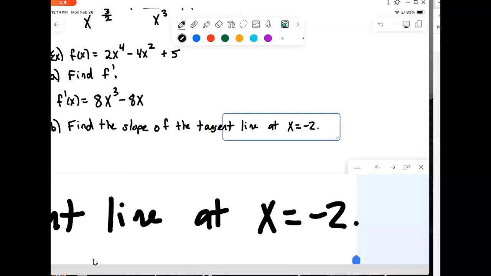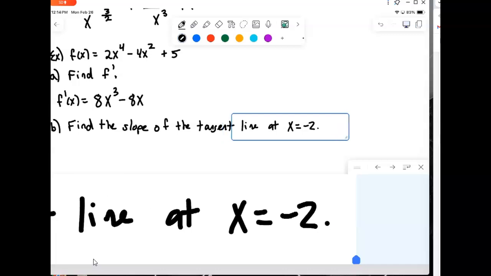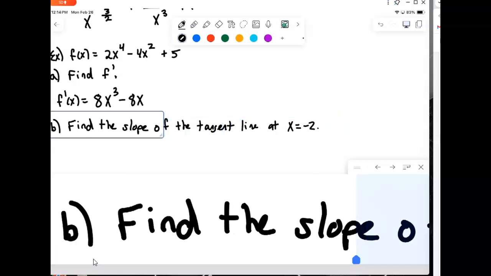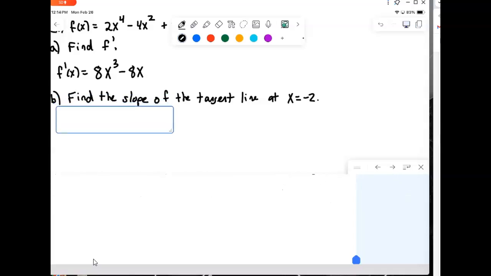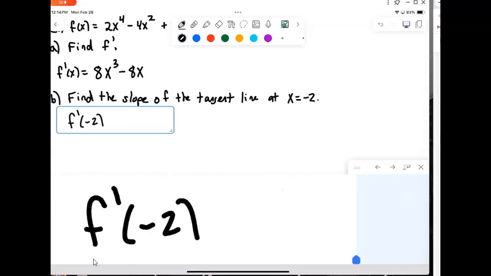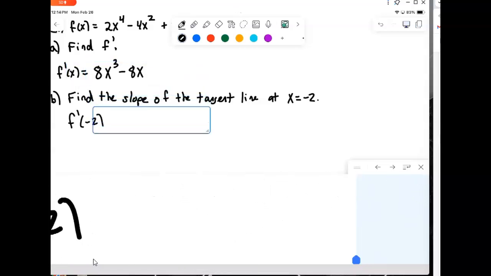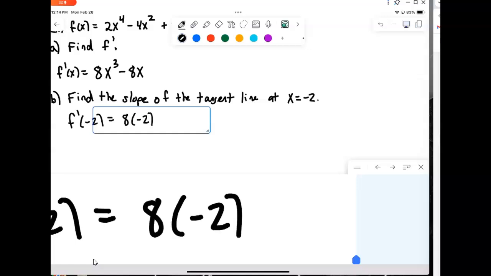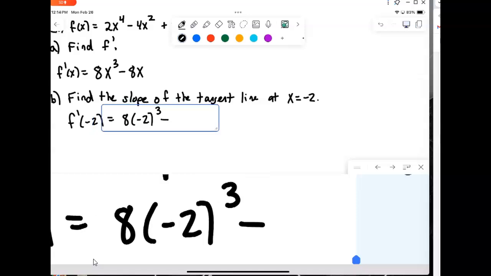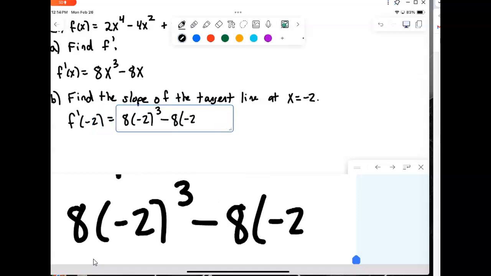So remember, the slope of the tangent line is quite simply just the derivative. Right? We're literally just looking for the derivative. So we just evaluate the derivative at negative 2. So let's go into the derivative, replace x with negative 2. So 8 times negative 2 to the third minus 8 times negative 2.